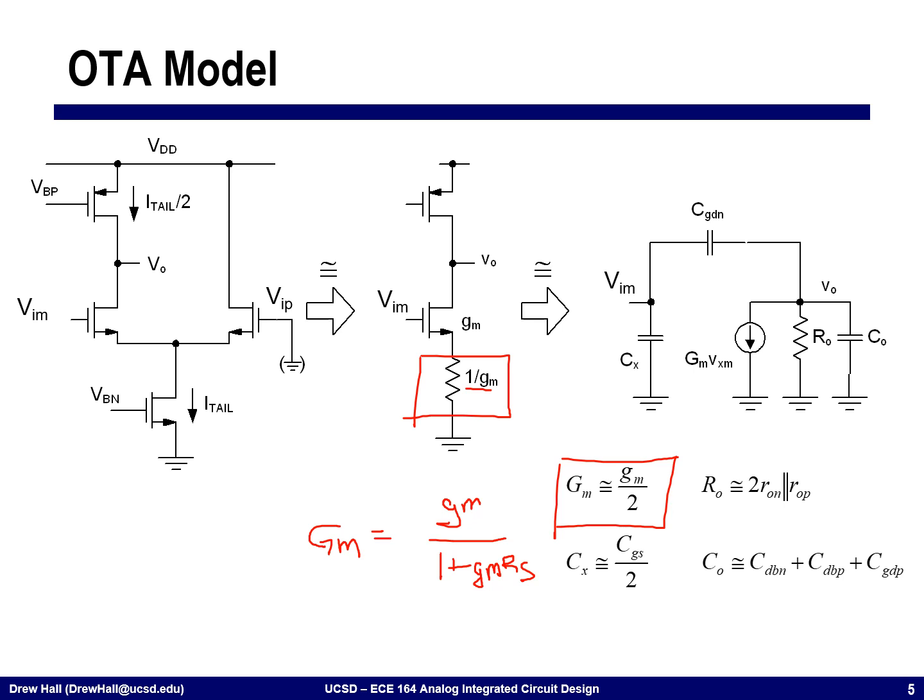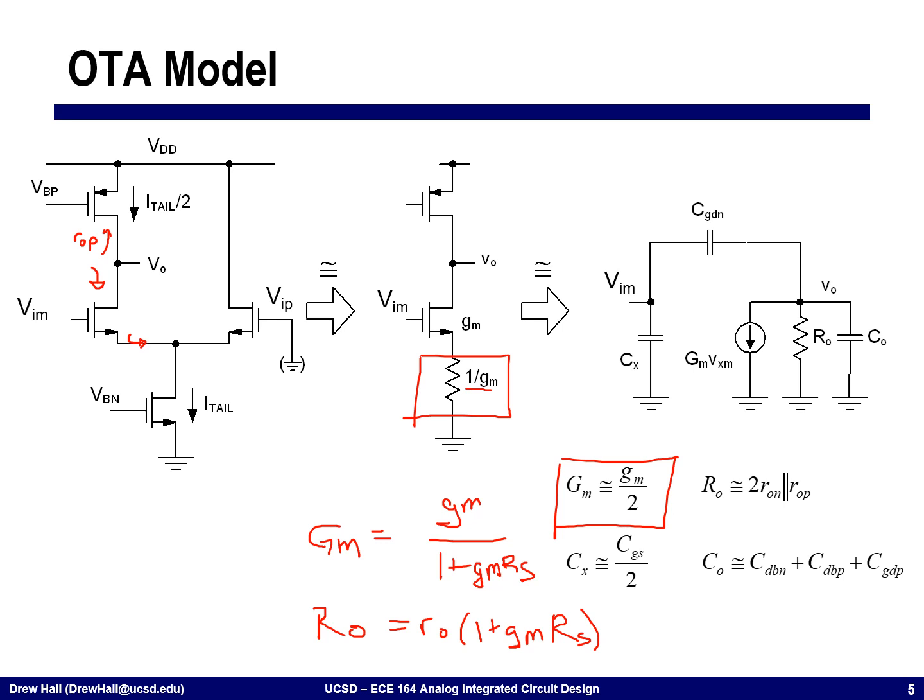Same thing with the output impedance. When we look back into this node, looking up, we're going to see ROP. And looking down, we're going to see R0 times 1 plus GM RS, where RS is the impedance that we see looking down this node.